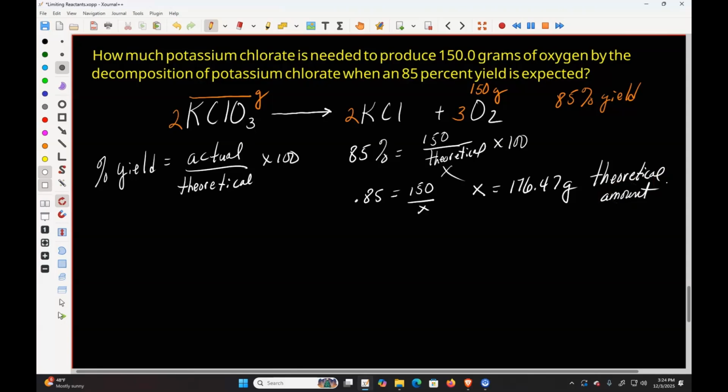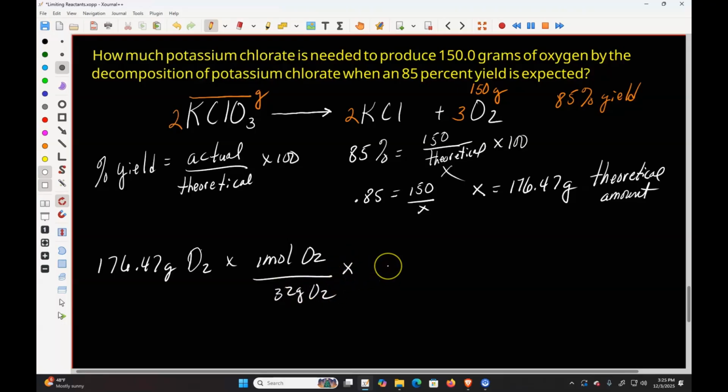I'll take this theoretical amount then and solve for the amount of potassium chlorate needed for this reaction. So I have 176.47 grams. Okay, that will be grams of oxygen times 1 mole of oxygen over 32 grams oxygen. On ratio step, I will have 2 moles of KClO3 over 3 moles of oxygen.